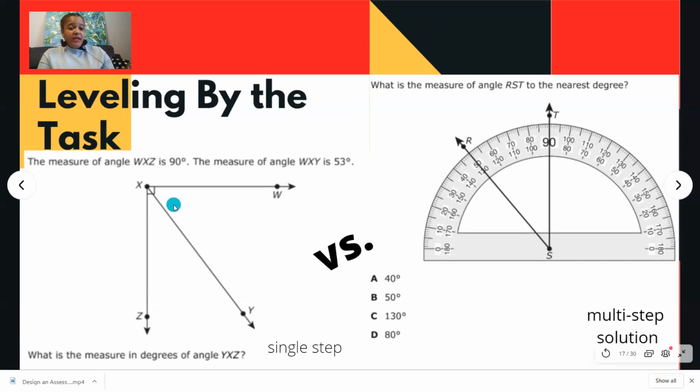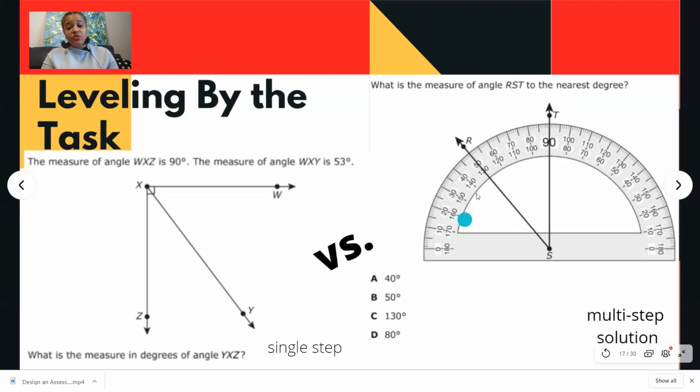If you're thinking about it, you really just have to take the 90 minus the 53 and you can find your solution. It's a single step. But over here, we didn't work with the basic 90. Look at where the angle is. So a student's going to have to first know how to read a protractor.